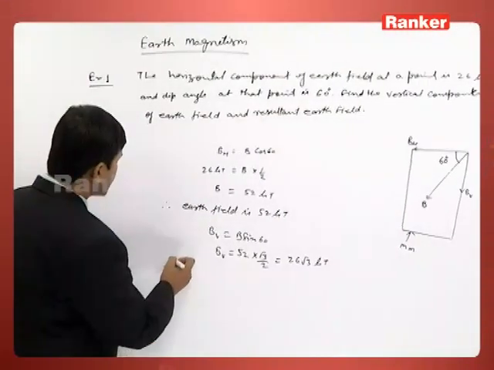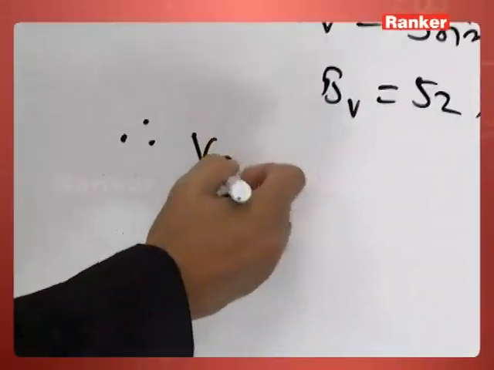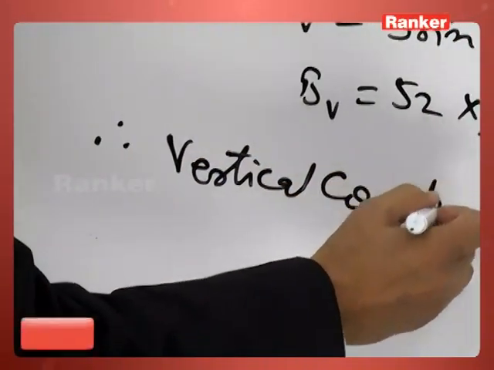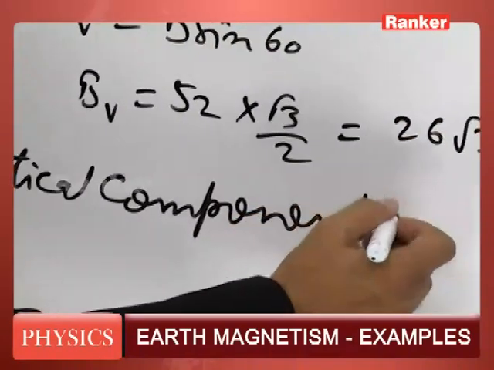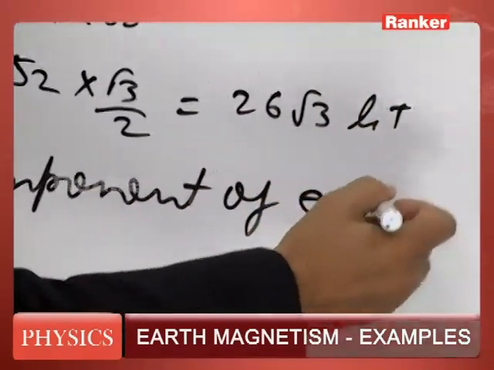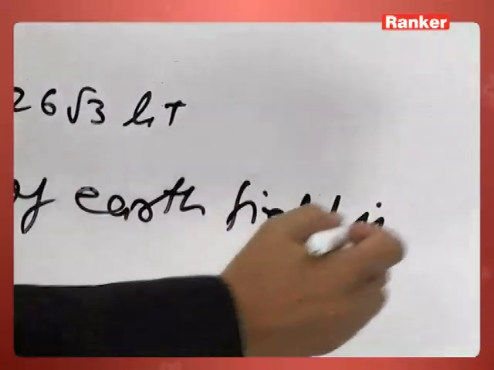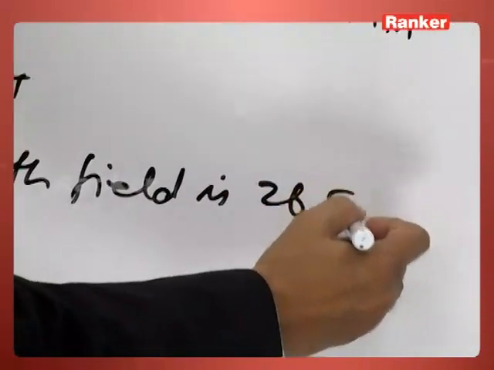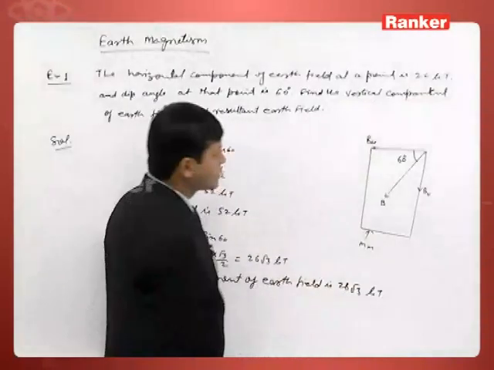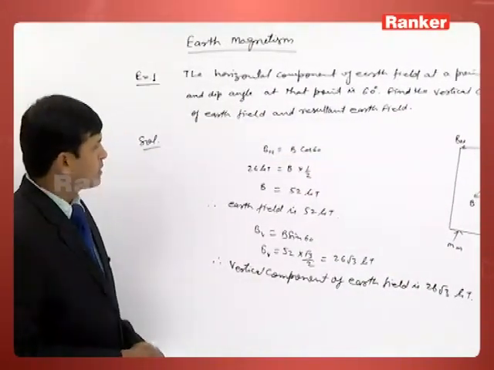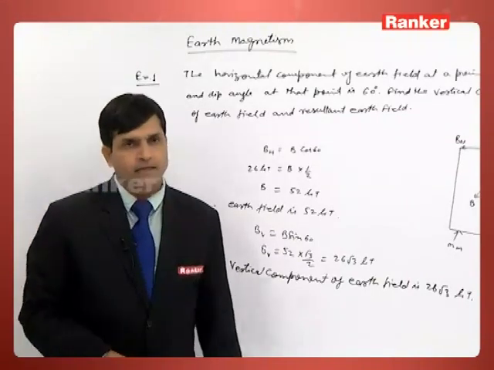So the vertical component of earth field is 26 root 3 microtesla. So this is the answer of this. Now come to another example.